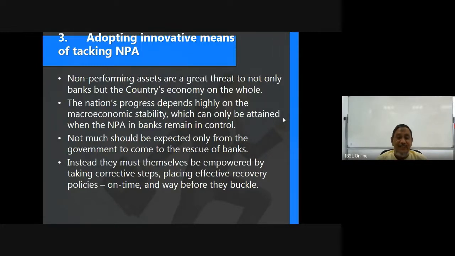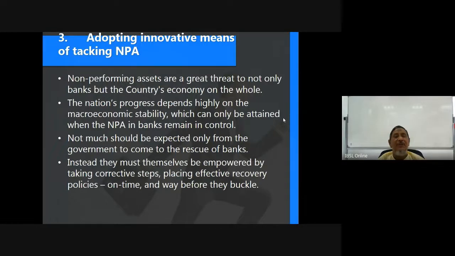This is what the Senate of the United States told President Barack Obama at the time of the 2008 recession. So learn a lesson. We cannot depend on the central bank in the time of a collapse. They also have to survive. Instead, banks must empower themselves by taking corrective steps, placing effective recovery policies on time, and way before they buckle.